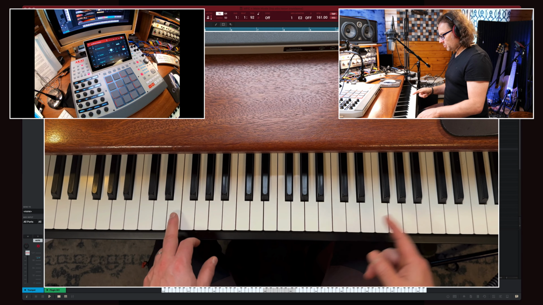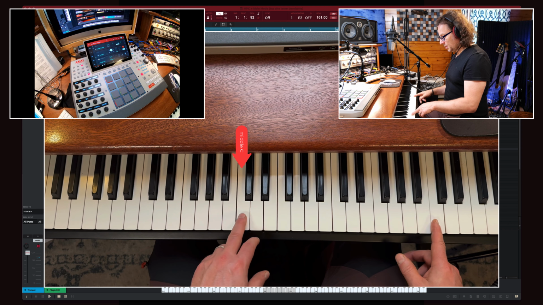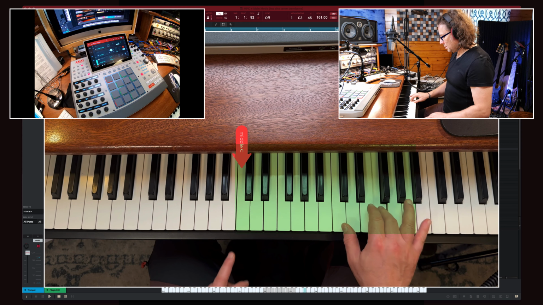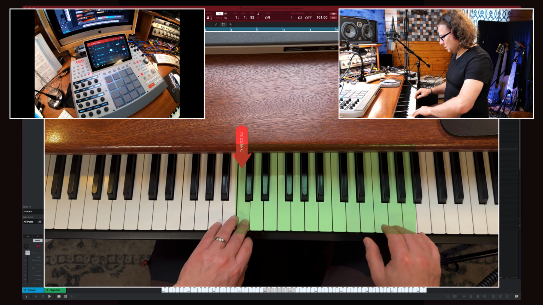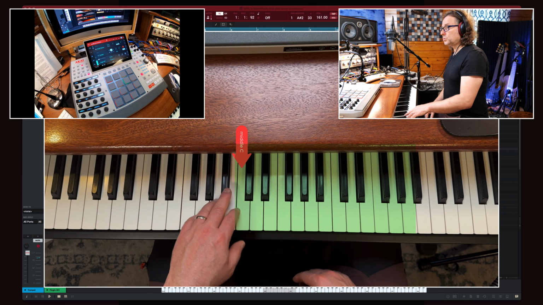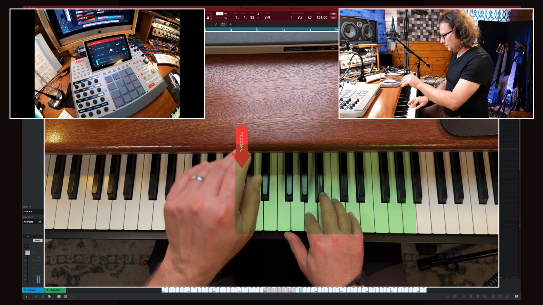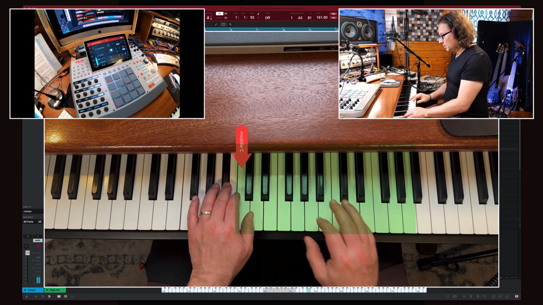The comfortable range of motion I could consider C to A, sometimes we can go to B flat if someone can control intonation.